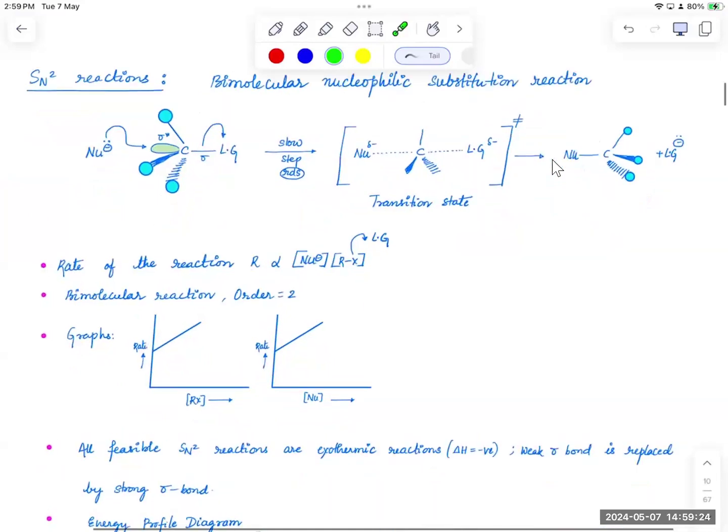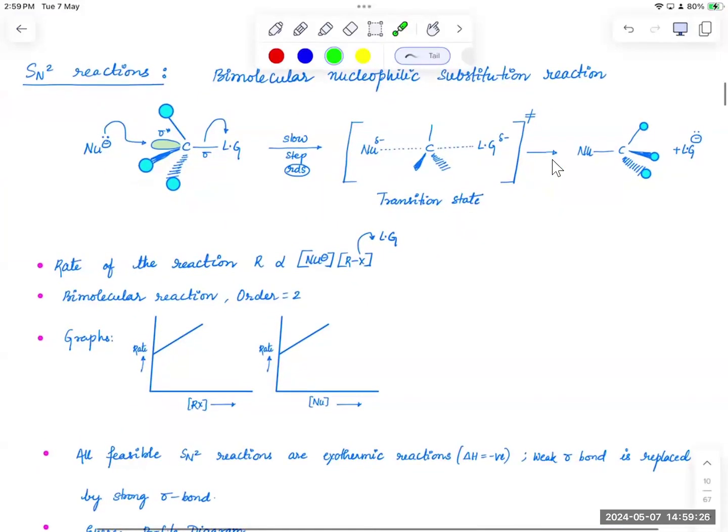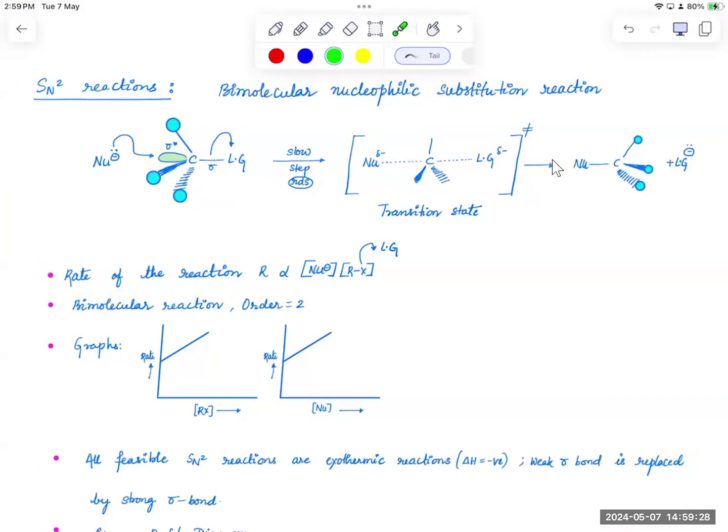Next, you see the rate of reaction. The rate R is directly proportional to the nucleophile strength and the substrate RX. This is the slow step, because SN2 happens in only one step, so that itself is the rate determining step.